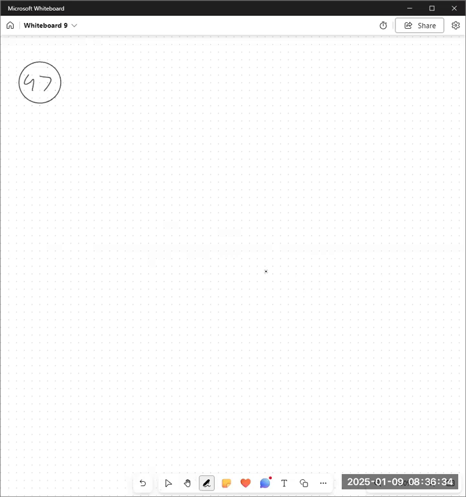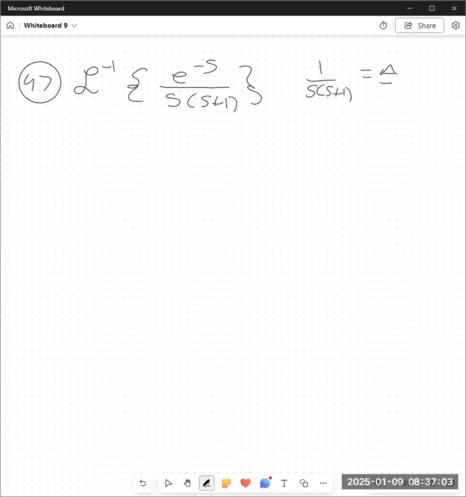Number 47 is the inverse Laplace transform of e to the negative s over s times s plus 1. And so we're going to have 1 over s times s plus 1 is equal to A over s plus B over s plus 1.